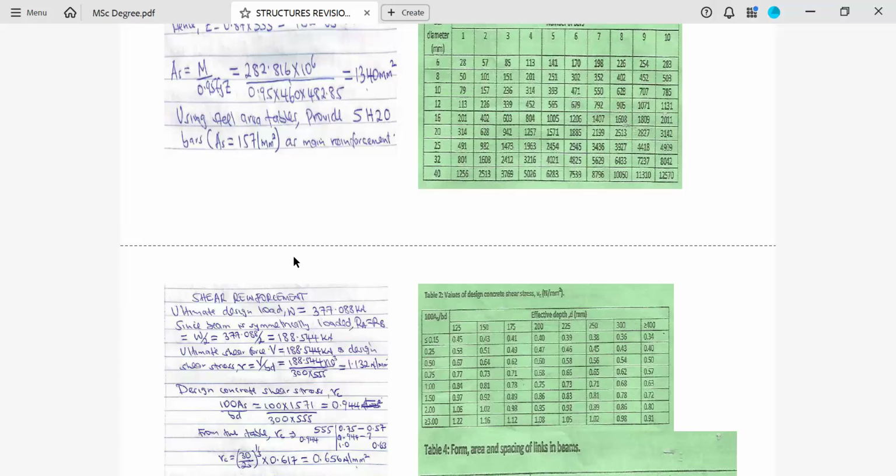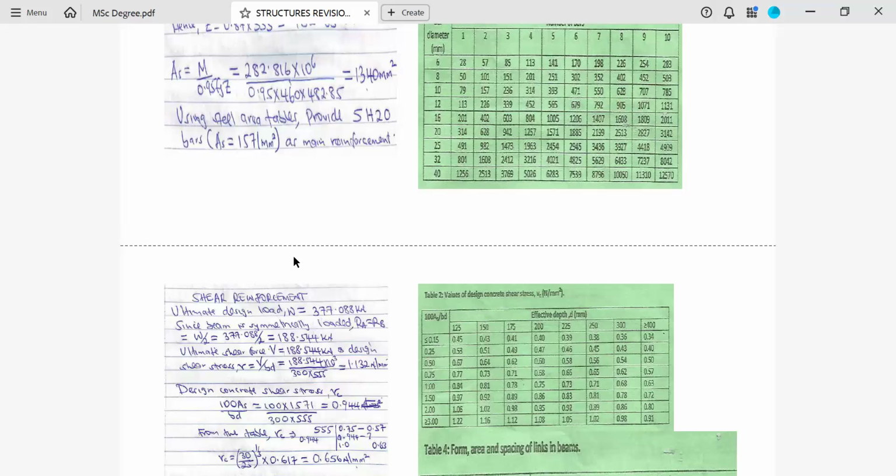Newton per millimeter square. But remember, this table value applies for a concrete strength of 25 Newton per millimeter squared. The tabulated values are strictly for 25 Newton per millimeter square. This is as per the British Design Code.